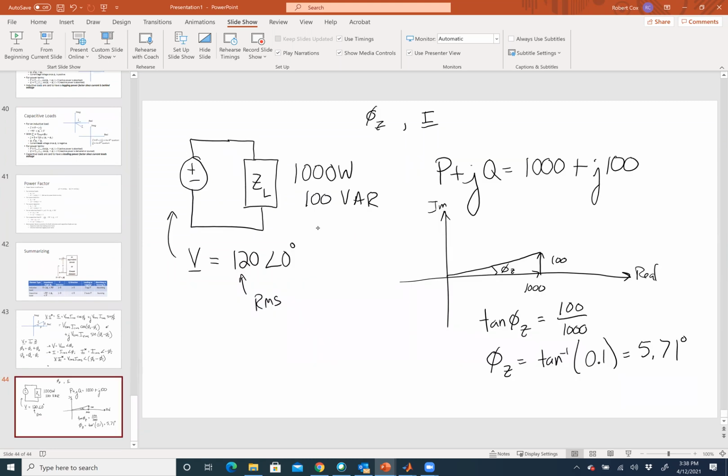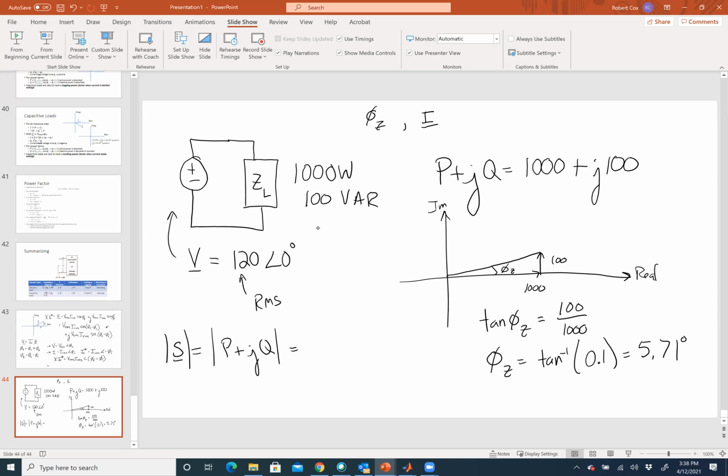So the magnitude of S is equal to the magnitude of P plus JQ, which in this case would be 1,000 squared plus 100 squared, and I take the square root of that.